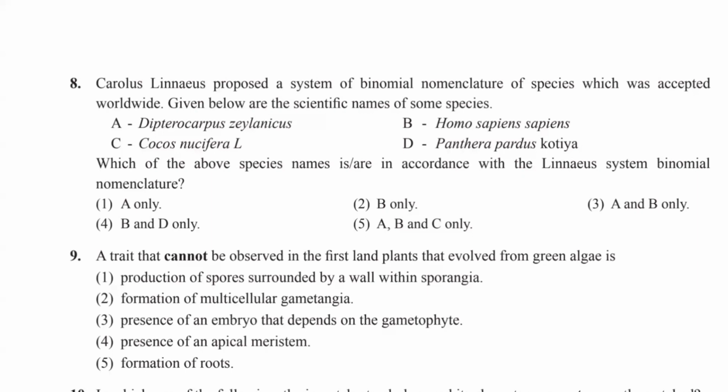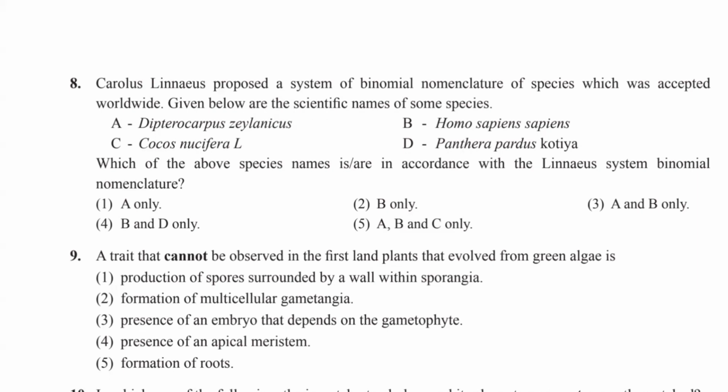And his classification of flowering plants was based on the number of stamens and the styles of the flower, right? And he identified 2 kingdoms, plants and animals. Then Ernst Haeckel introduced the 3rd kingdom, Protista, and the taxon, phylum.